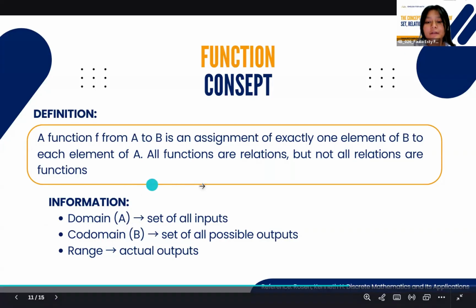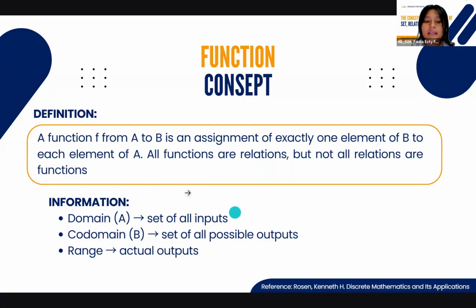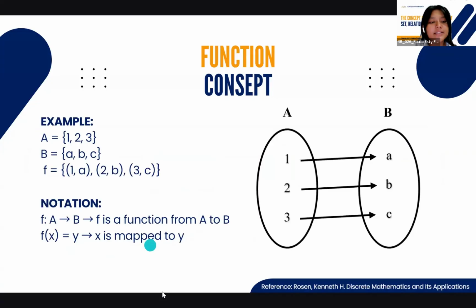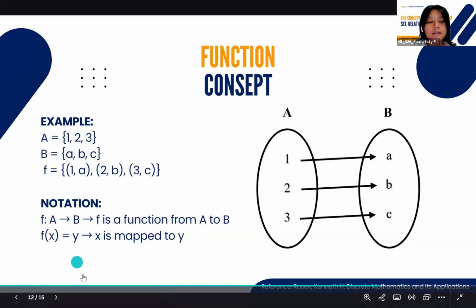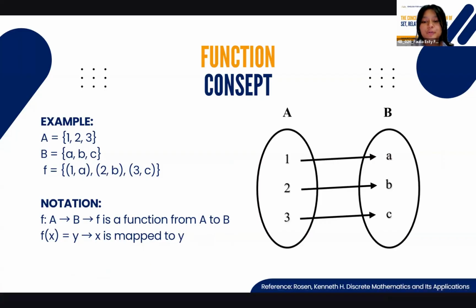We write f: A → B. This means f is a function from set A to set B. And we also write f(x) = y. This means input x is mapped to output y.